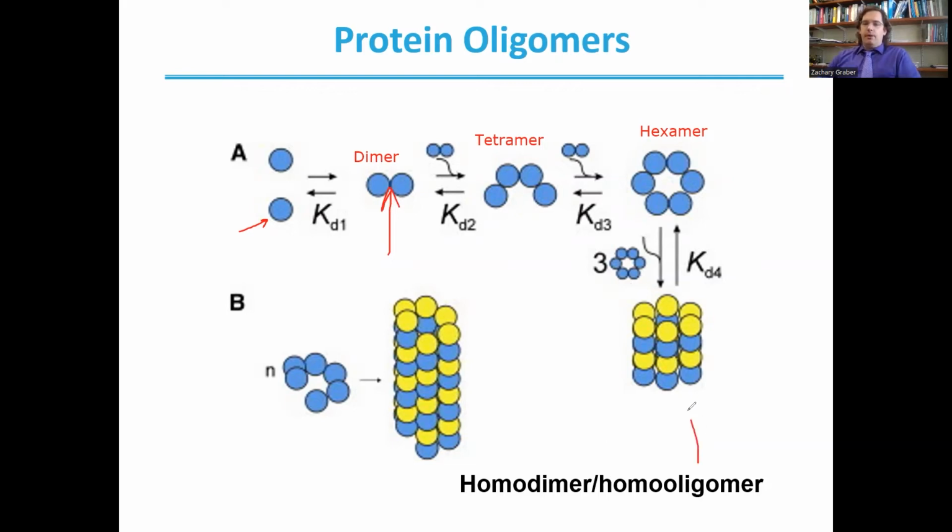And our homo-oligomer would be over here, with our large structure with multiple units. Here, of course, we see a very uniform structure forming as we're adding these different protein subunits together. But this is not always the case for our homodimers and homo-oligomers.